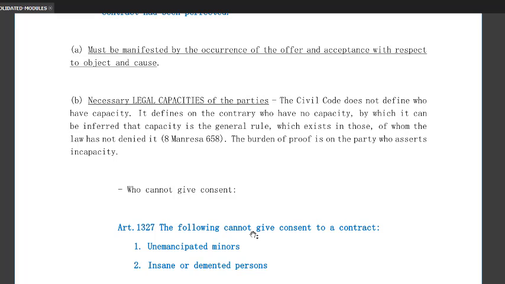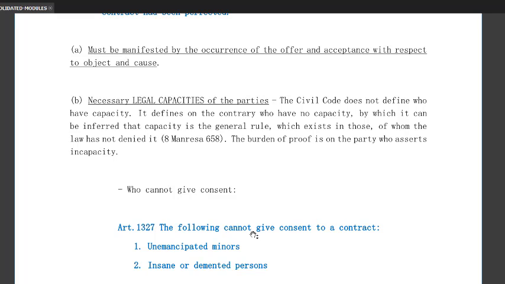So, in the Philippines, we have 18 years old and below, and we also have the age of majority. Then those who cannot give consent are those who are insane. Insane is very clear.